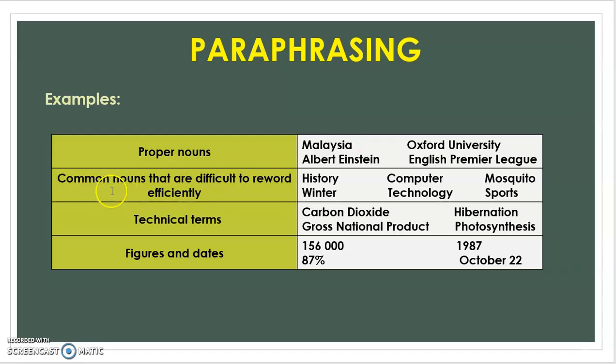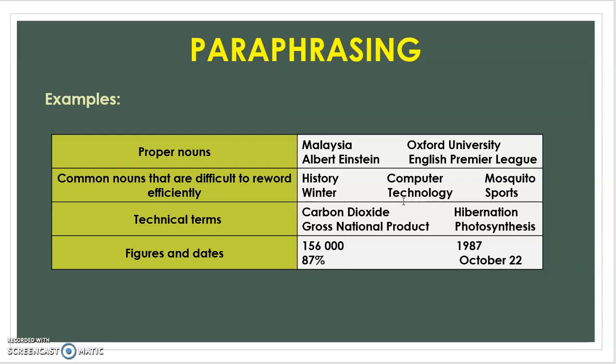Okay, common nouns that are difficult to reword efficiently. For example, the word computer. It's difficult to find other words to describe computer, or the word like winter or technology. It's a term by itself, and therefore you can retain the term.